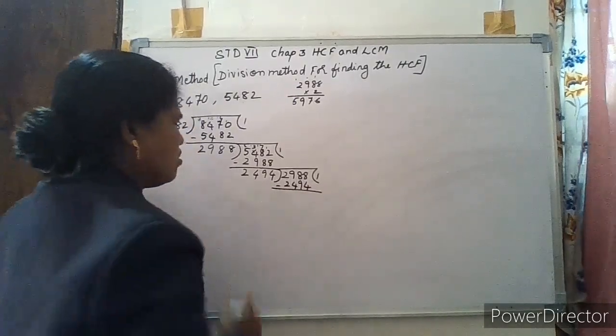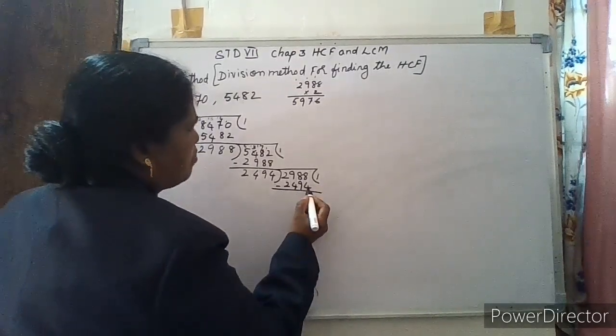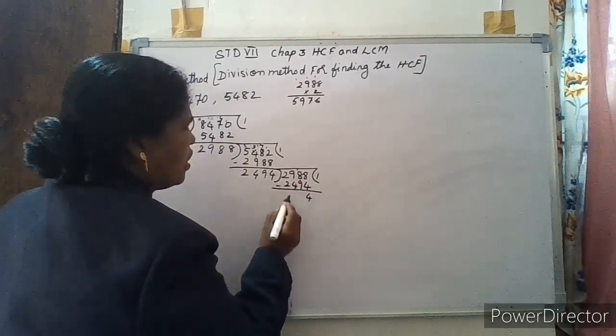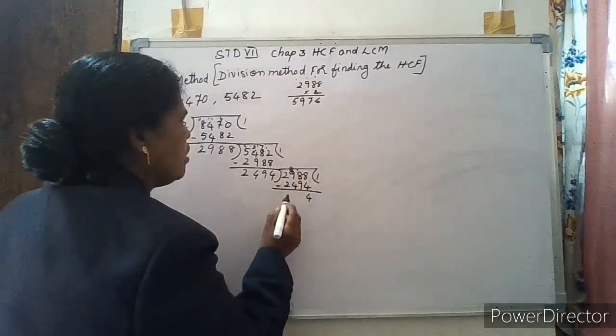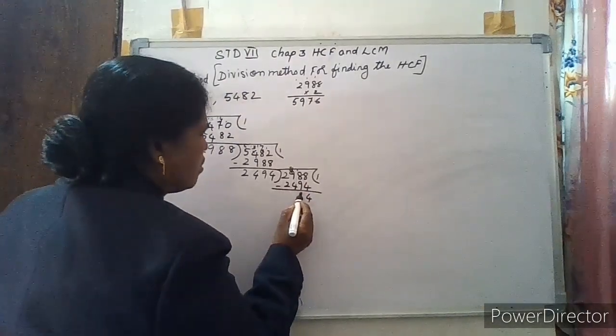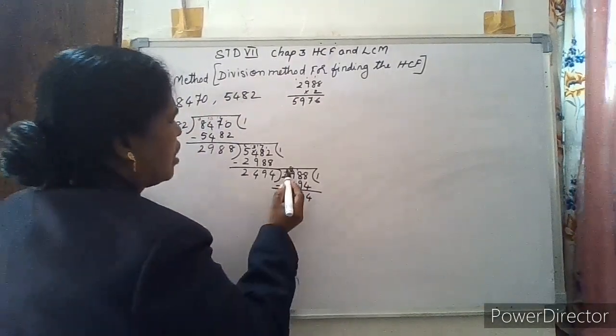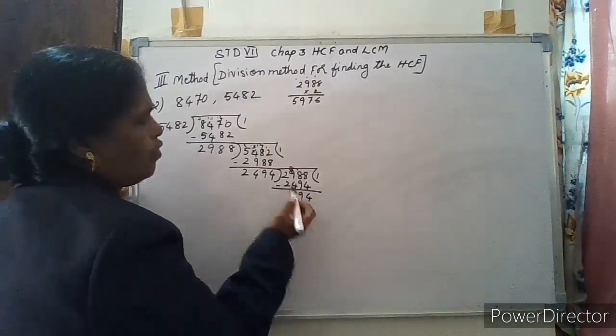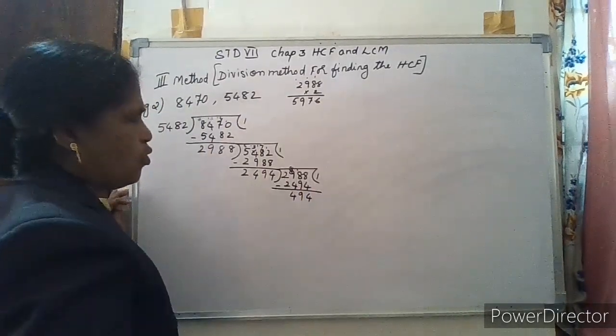Subtract. 8 minus 4 is 4. 8 minus 9 not possible. Borrow 1 here. 18. 18 minus 9 is 9. 8 minus 4 is 4. 8 minus 4 is 4. 2 minus 2 is 0. No need to write.